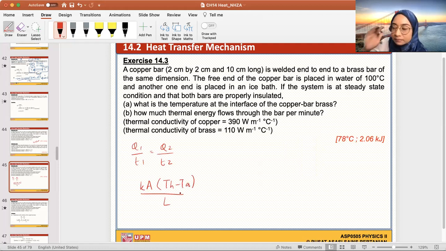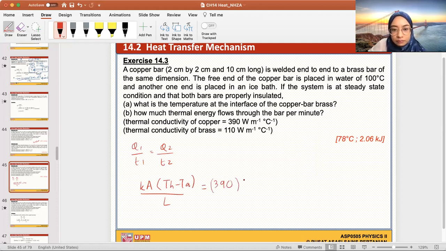So you said K times area times TH minus TA, over a length, right? Yes, doctor. Okay. What is 390? Oh, the K. Okay, the K is 390.